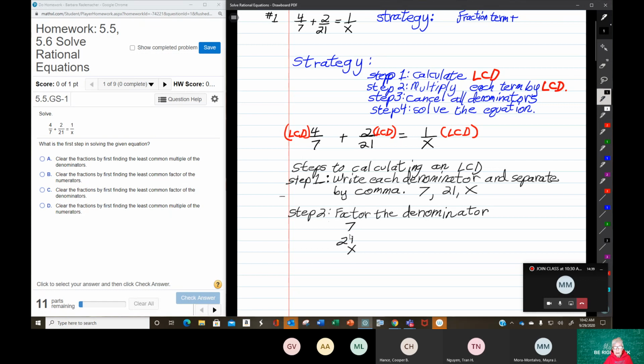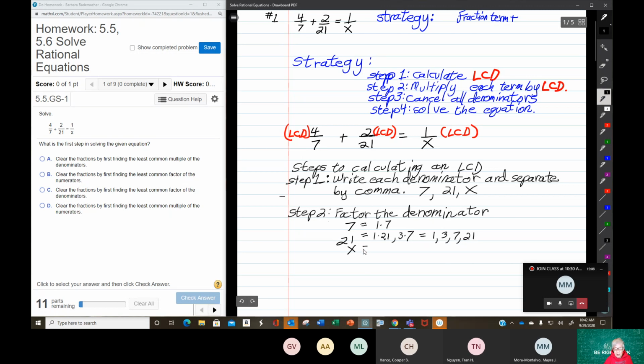Well, 7 won't factor. It's a prime. You can only factor it into 1 times 7. But 21 factors into, as we know, 1 times 21 and 3 times 7. So if I were going to list the separate factors, it would be 1, 3, 7, and 21.